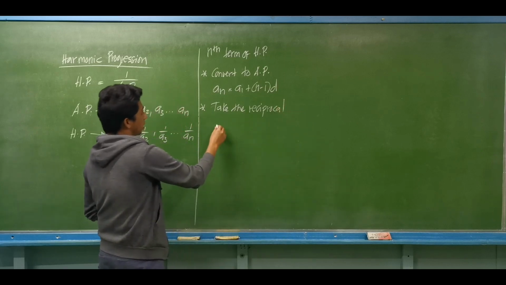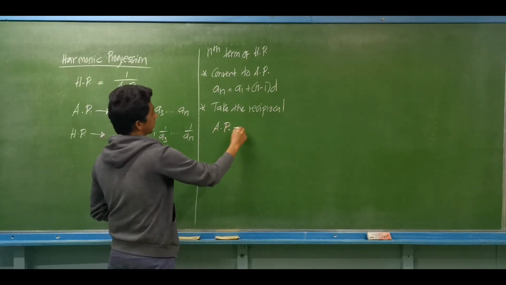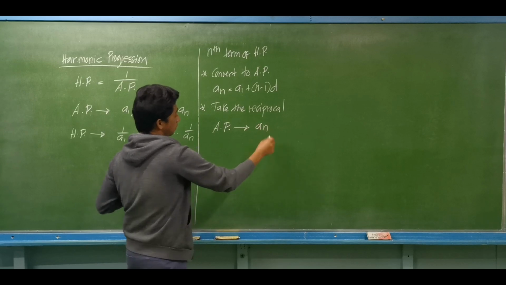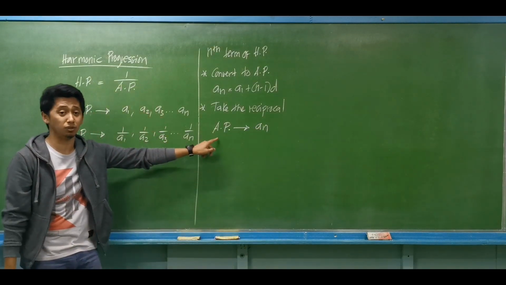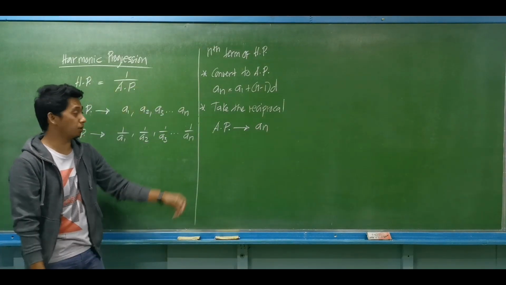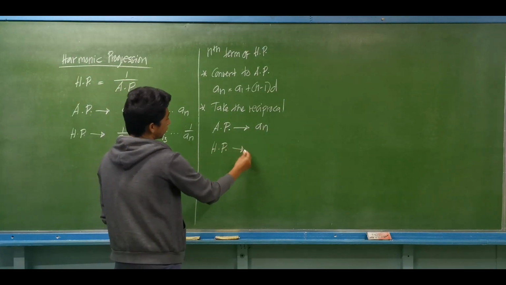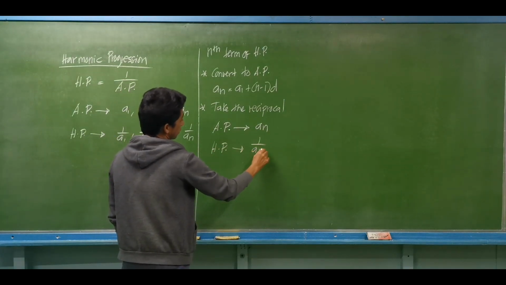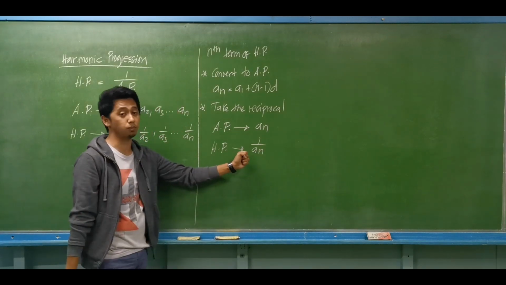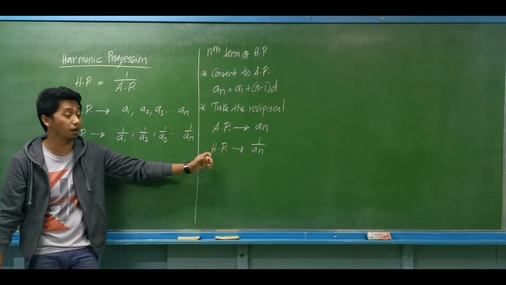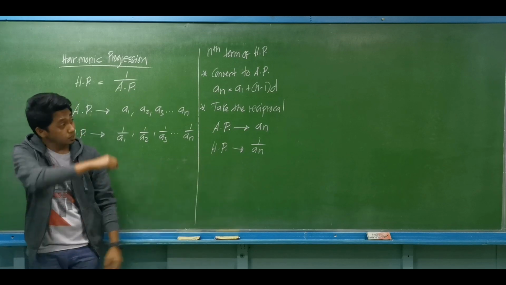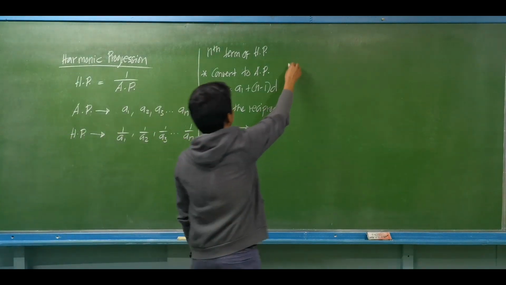Once we are able to compute the nth term of the arithmetic progression, to have it under harmonic progression, all we have to do is take the reciprocal, 1 over a sub n. That will be the nth term of the harmonic progression. So let's have an example.